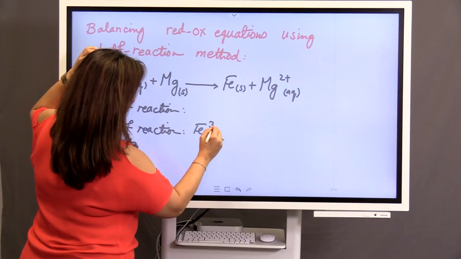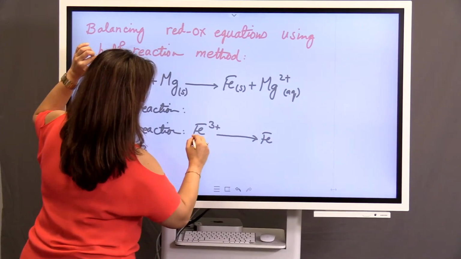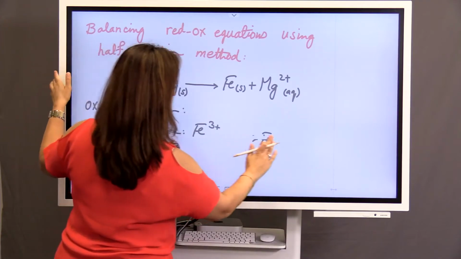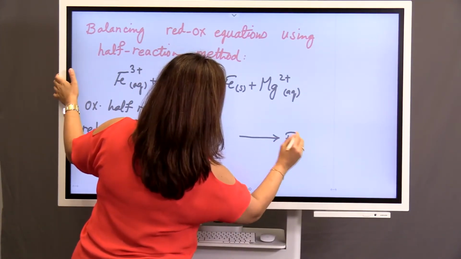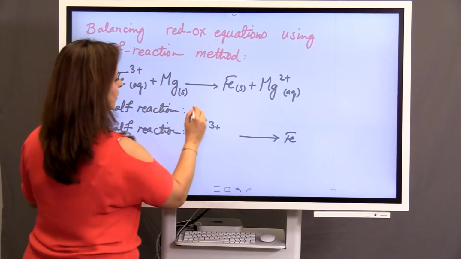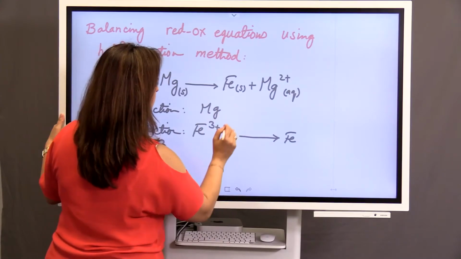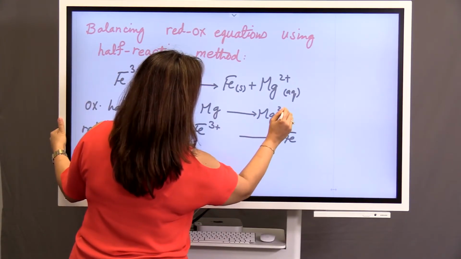Fe3+ changed to Fe, right? Let me just write it a little bit towards the right side. And which one is the oxidation half reaction? Magnesium that changed to magnesium ion.